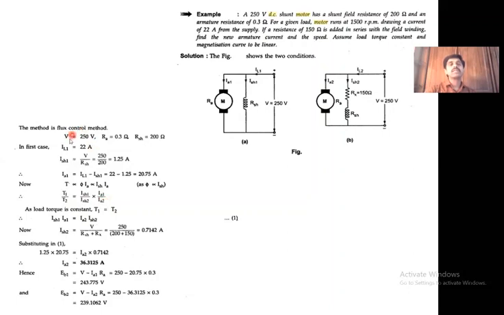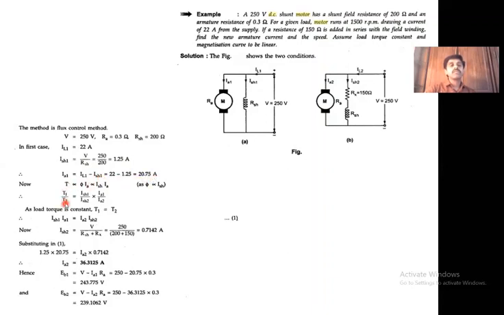Let us proceed. The given values are 250 volts applied voltage, Ra 0.3 ohms, field resistance 200 ohms, and IL1 given as 22 amperes. Therefore, Ish1 can be calculated as V by Rsh, 250 by 200, which is 1.25 amperes. What is Ia1? That is line current minus field current, 20.75 amperes.